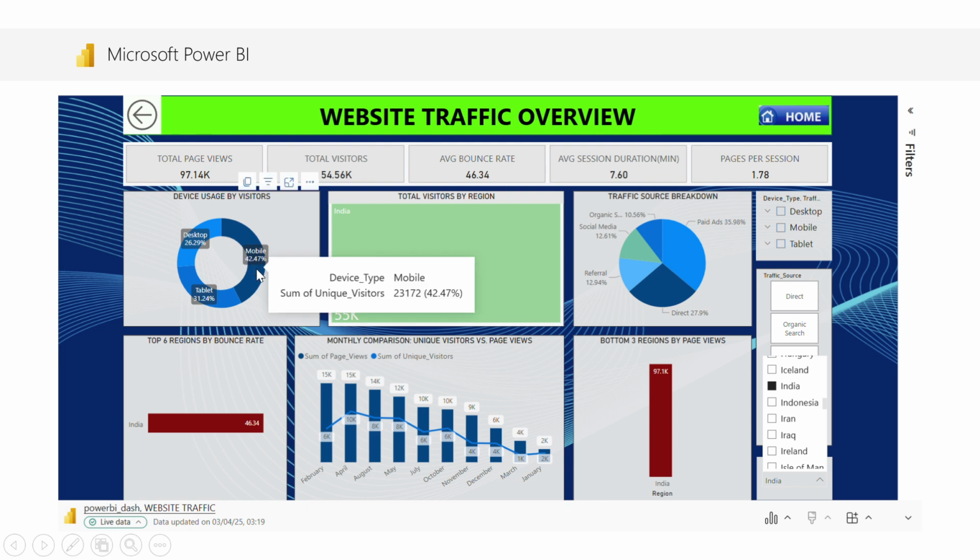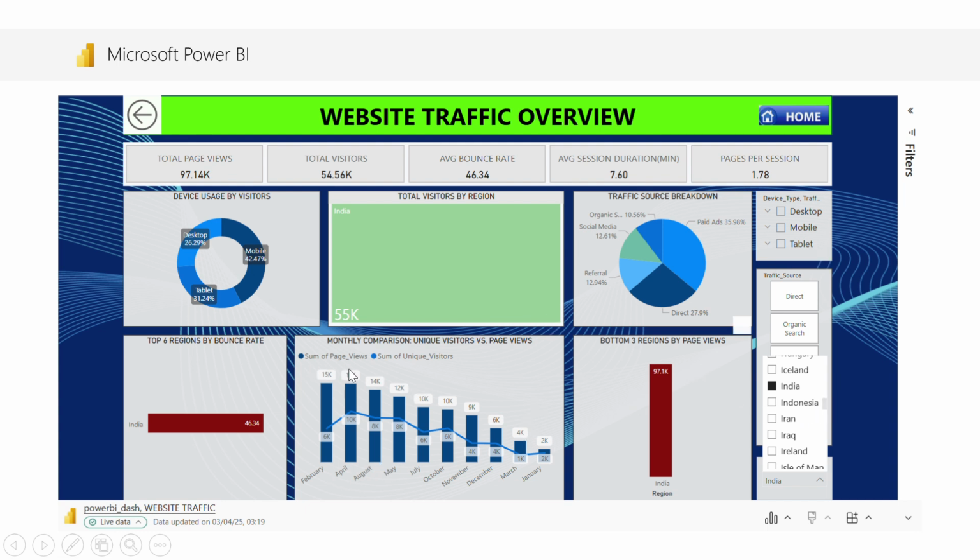Mobile was by far the largest with 42.47. Total page views, 97,000. Total unique visitors, unique people visiting, was 54,000. Average session, so Indians spend 7.6, which is less than the average duration, which was 8.